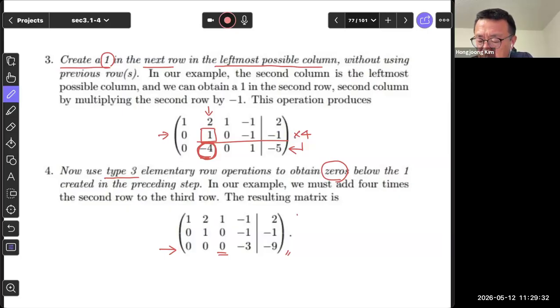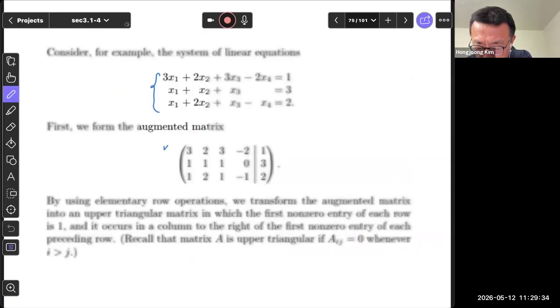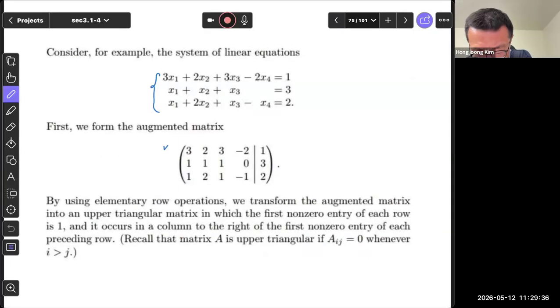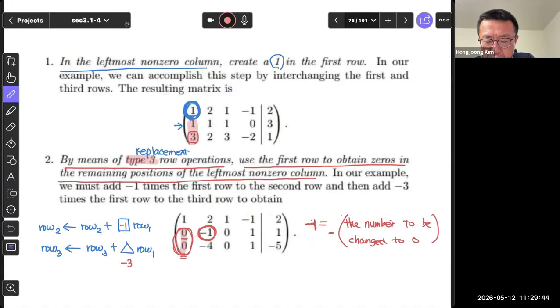So let me explain this from the beginning one more time. So this is what we had. Now the first statement is this: in the leftmost non-zero column, create a 1 in the first row.